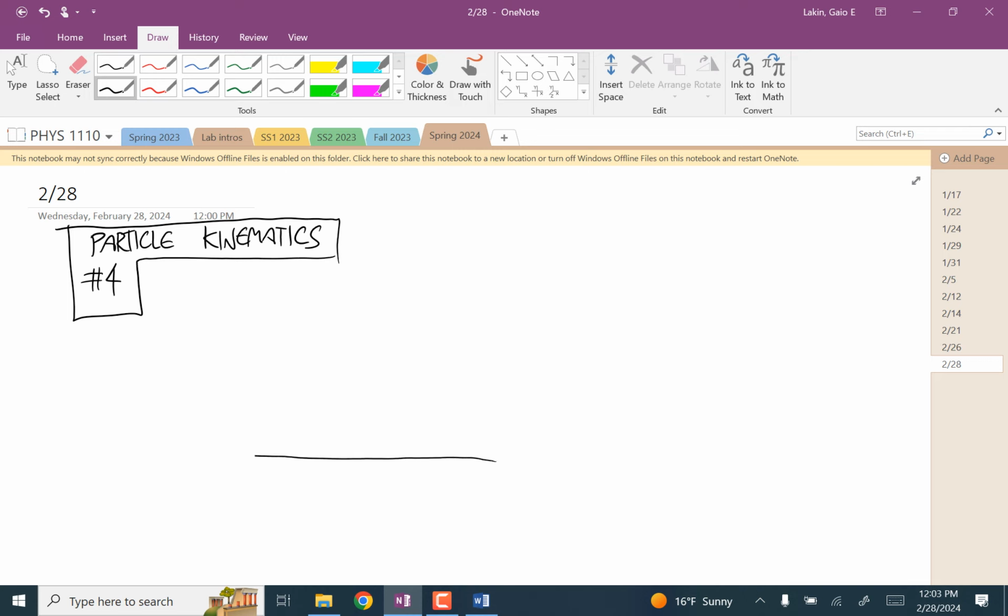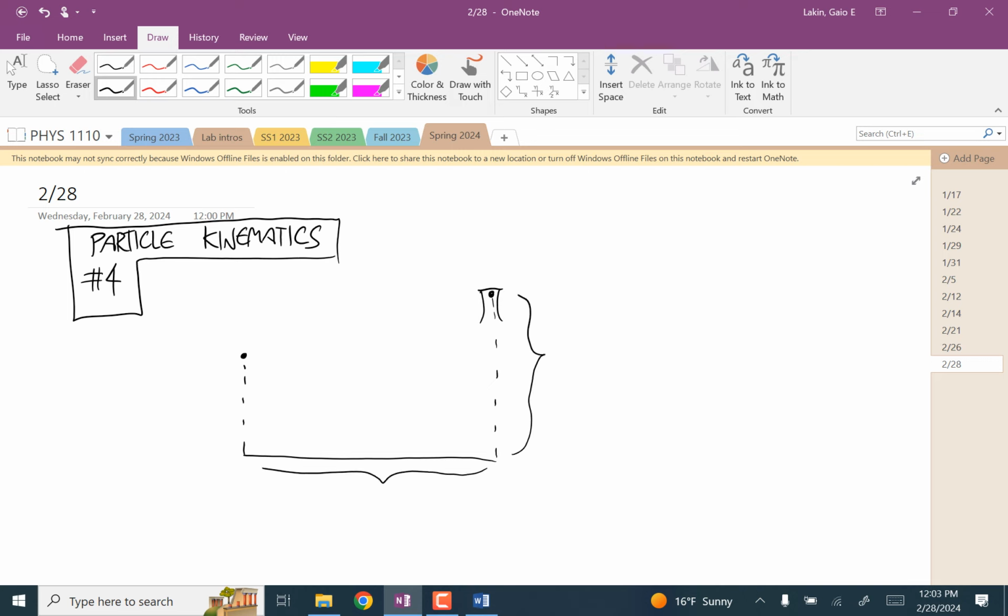You have 2 points. This is the basket, and this is where the ball is shot from. And you know that this distance is 15 feet.